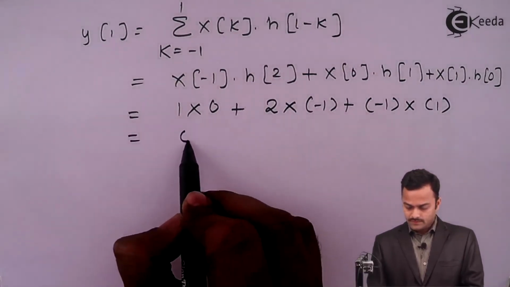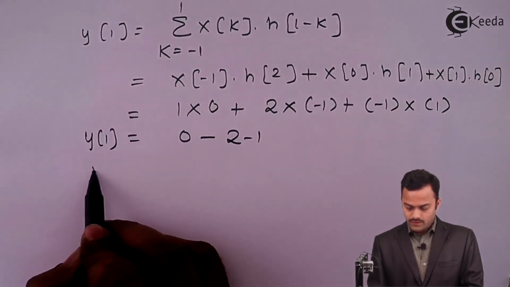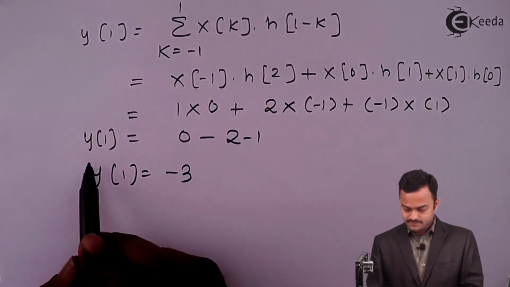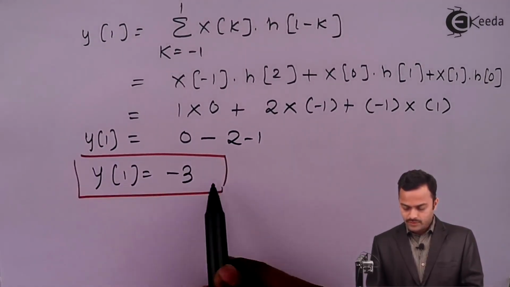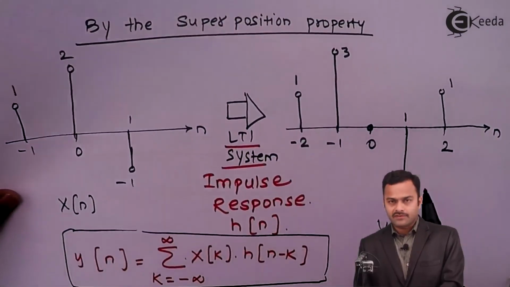So if we simplify, we get y of 1 as minus 3. From the formula we got y of 1 as minus 3, and from the graphical method also.